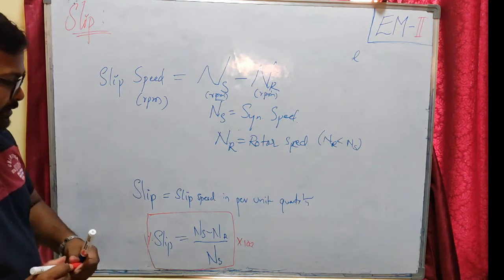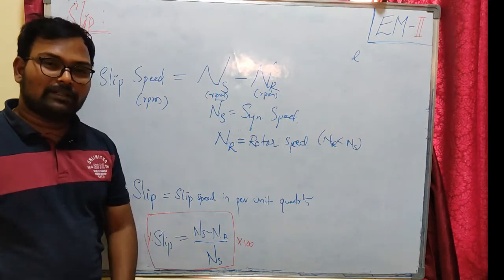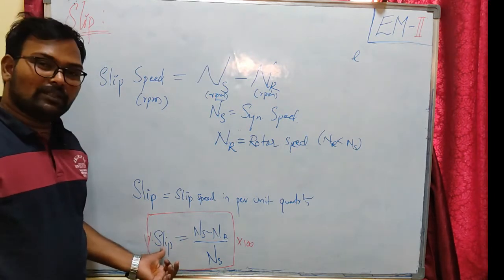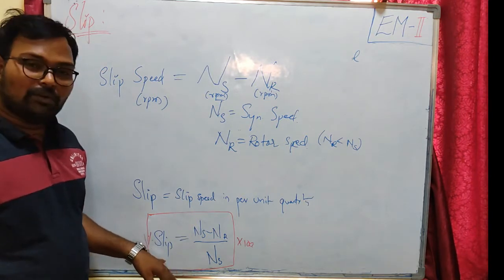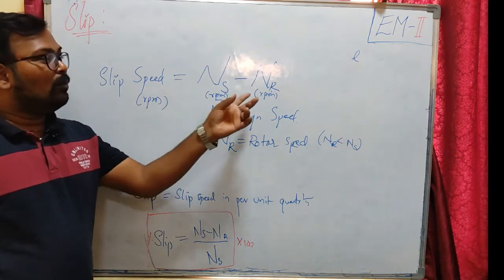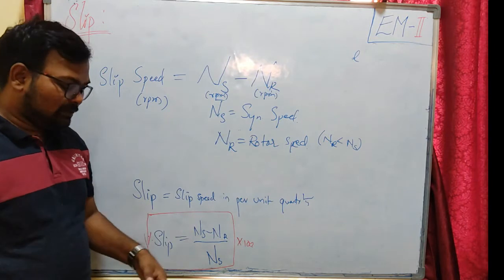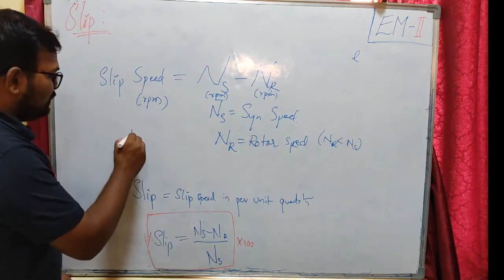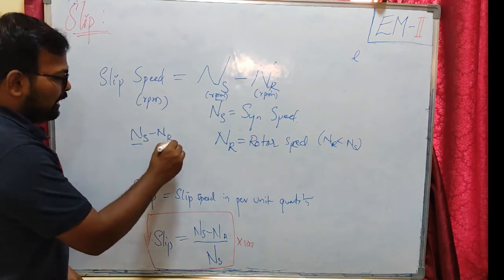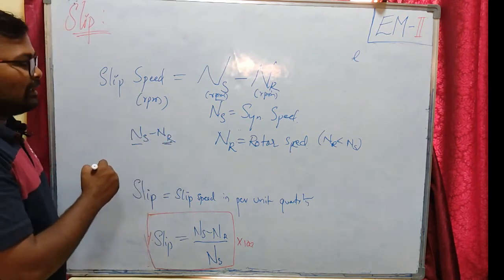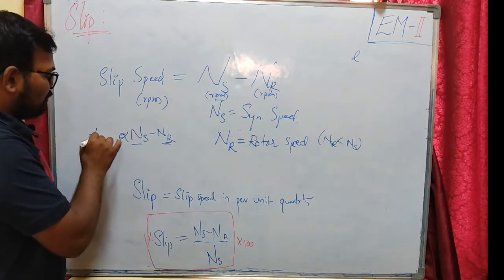This slip depends upon the load applied on the induction machine. The more the load, the more the slip. That means the more the load, we will have more retarding torque on our machine, so there will be more slip. Whenever we increase the load, the difference between synchronous speed and our rotor speed will increase.